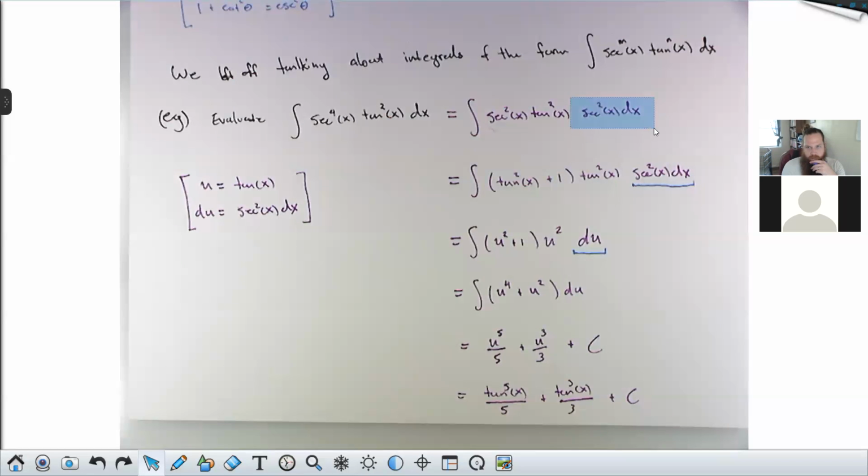I've set aside the secant squared because I know my goal is to sub for tangent, which requires having a copy of secant squared. The big money move is rewriting this as tan squared plus 1. Because I cannot have secants like secant of x or any x's left over after I do the substitution. I need everything to be in terms of the new variable u.